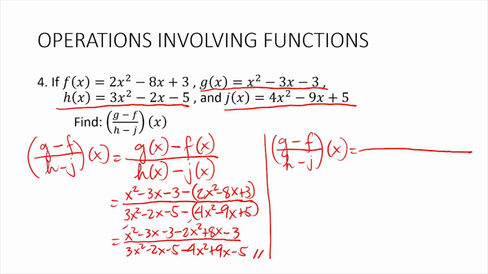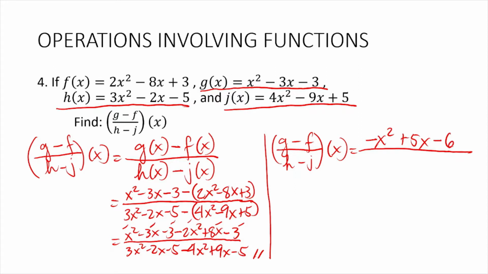So we combine them, x squared minus 2x squared, so that's minus or negative x squared, right? And then the linear terms, we have negative 3x or minus 3x and positive 8x. So that would be negative 3x plus 8x. So that's plus 5x. Okay, and then lastly, for the constant terms, we have negative 3 minus 3, so that's minus 6, right?